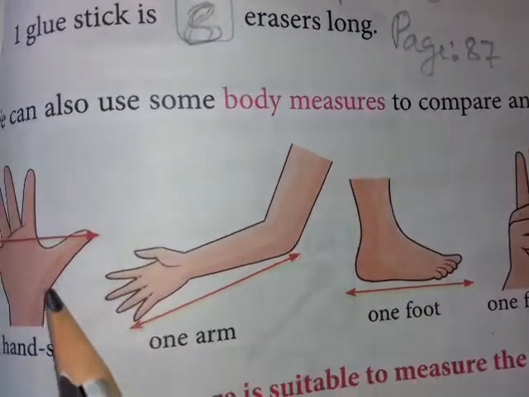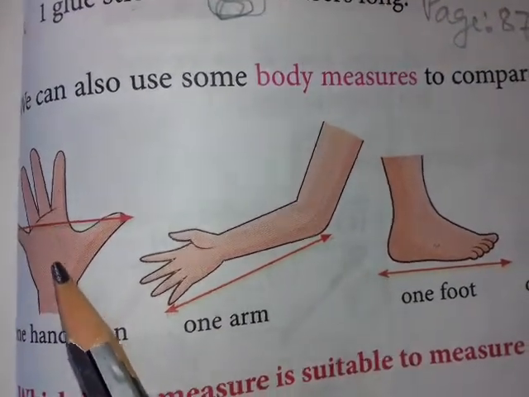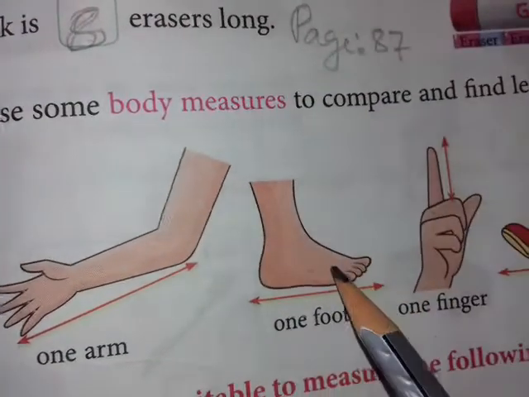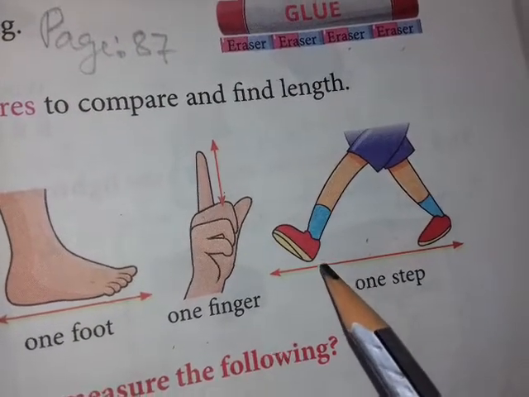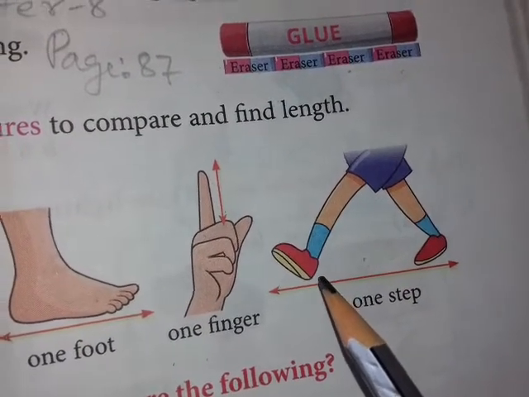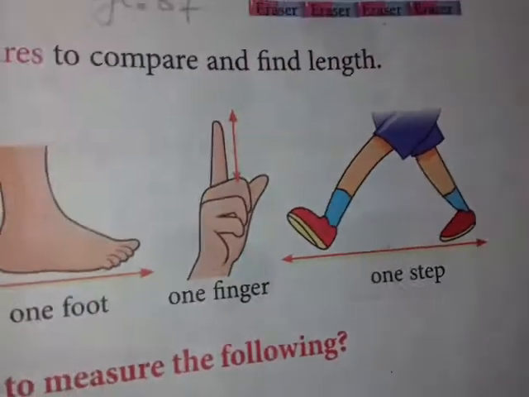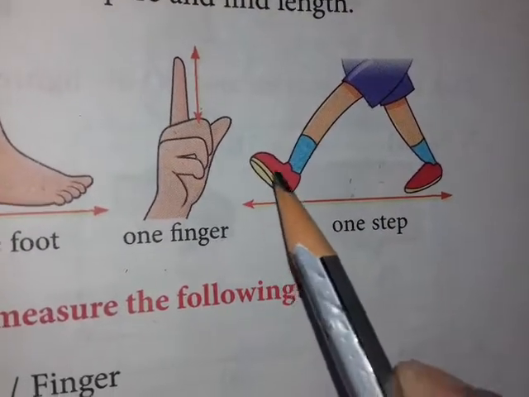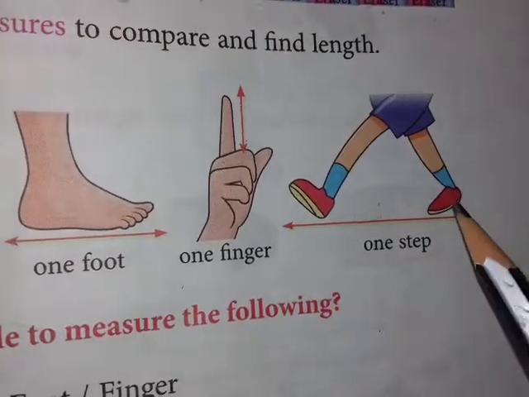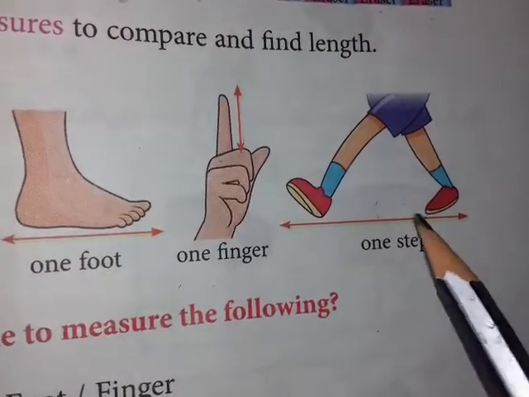Here are body parts. This is palm, this is hand, this is foot, this is finger, this is step. Step is used for longer objects. For example, to measure the length and breadth of the classroom. So this length is called one step.